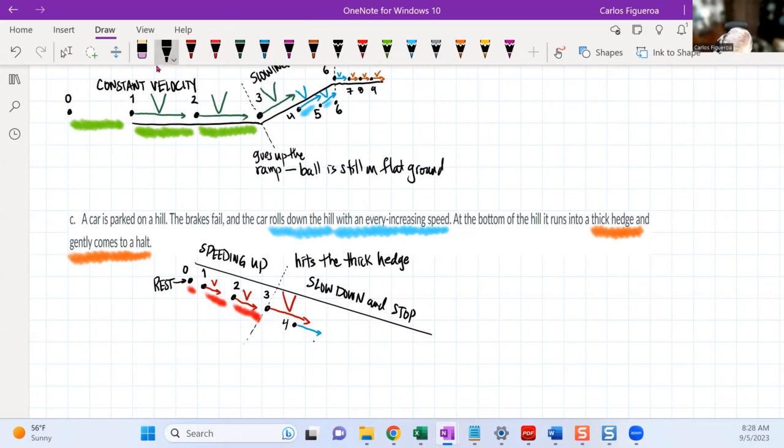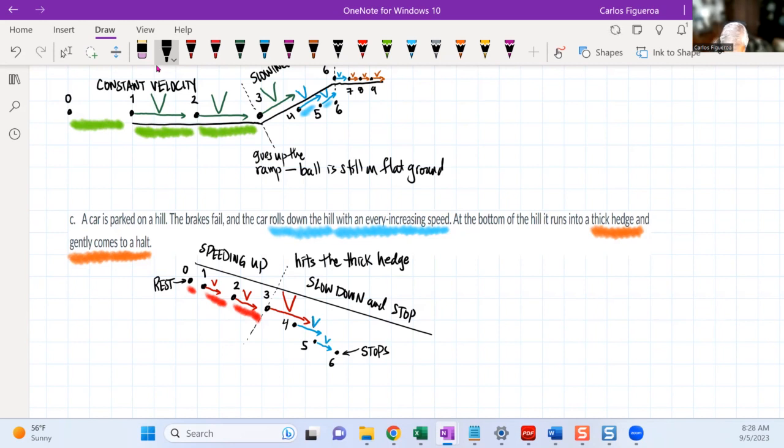And then in this interval, 5, it's even going to be smaller. And at some point, let's say at 6, right here, we're going to say that it stops.